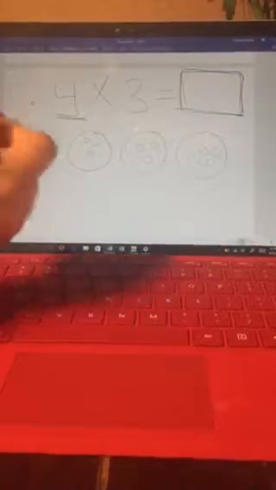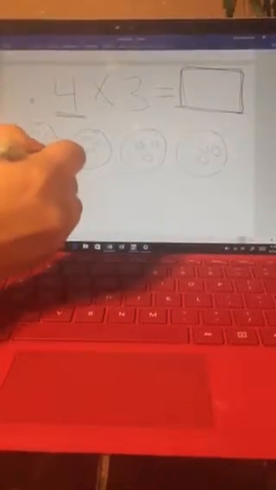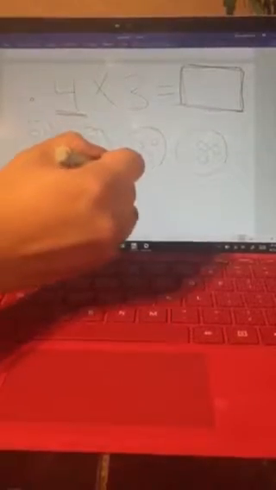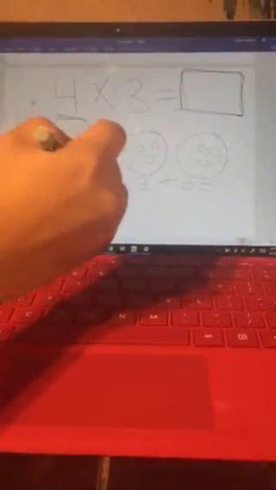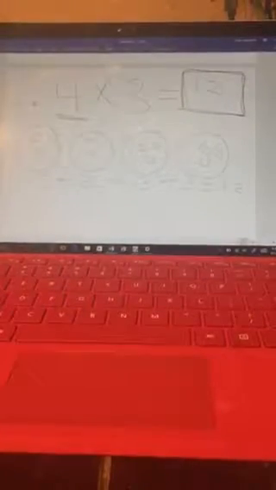Now, I've added 3 plus 3 plus 3 plus 3. And this is 3, 6, 9, 12. So 12 is my sum if I add it, and 12 is my product if I multiply it.